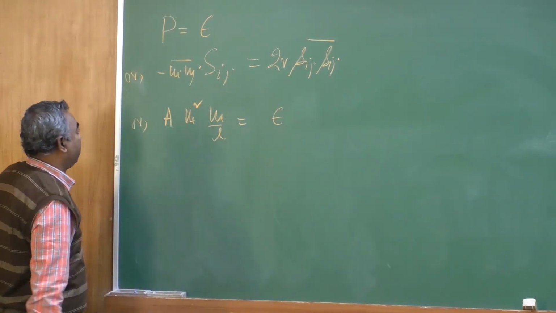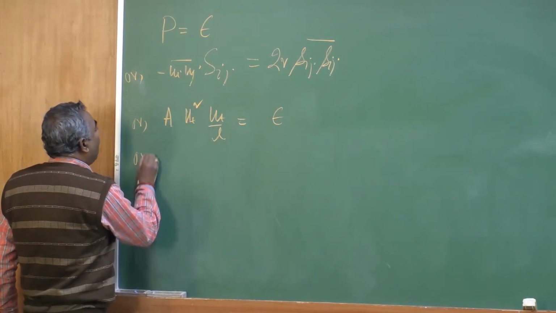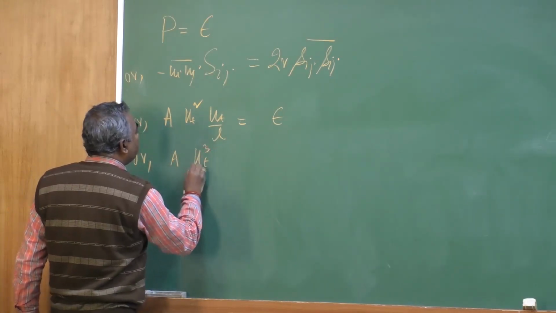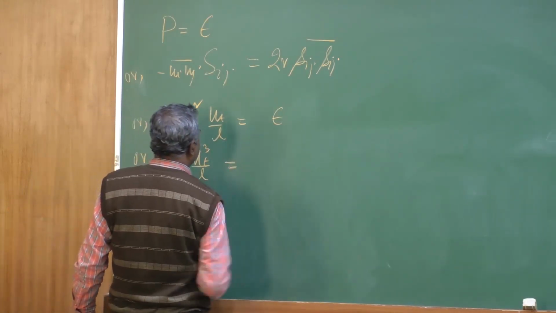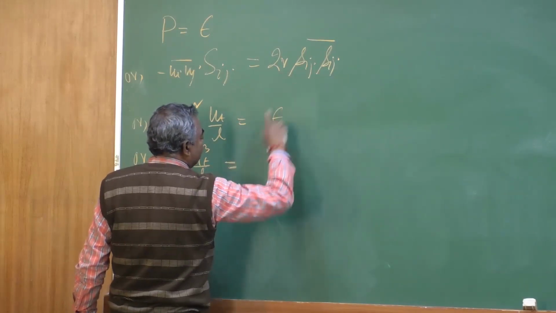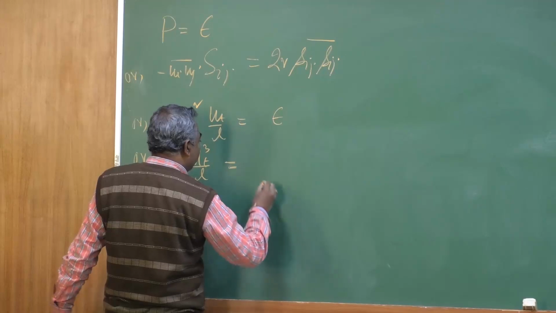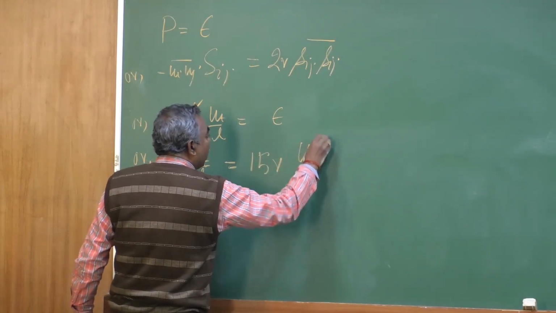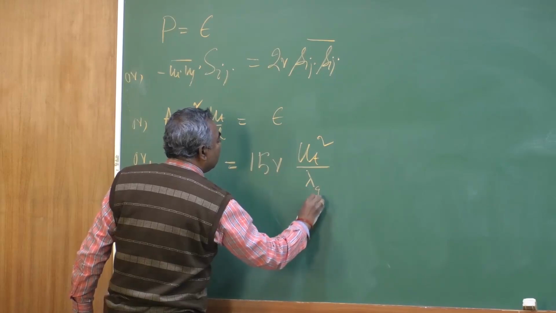A is a constant here. So, ut cube by L equals epsilon, and epsilon is equal to twice nu Sij, and if it is isotropic turbulence, then we can write this as 15 nu ut square by lambda g square.